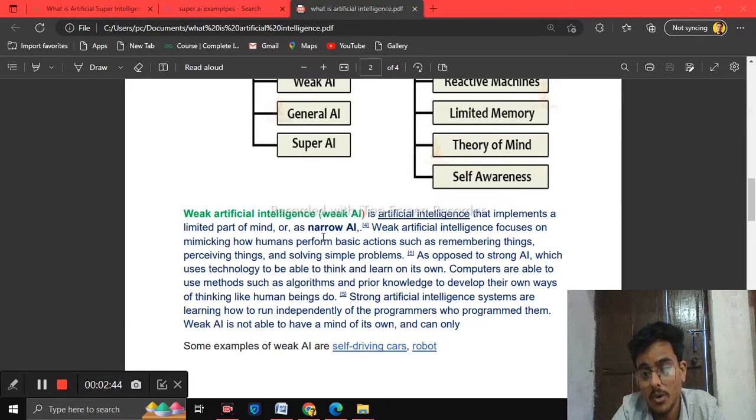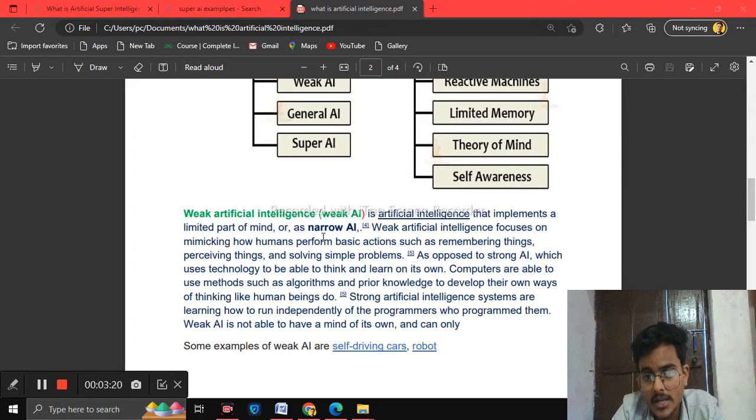This is as opposed to a strong AI, which uses technology to be able to think and learn on its own. It learns on its own, which means it does not depend on others. Computers are able to use methods such as algorithms and prior knowledge to develop their own ways of thinking like human beings too. Basically, we can say that weak AI is the limited part of memory, limited part of mind, which is also called narrow AI.